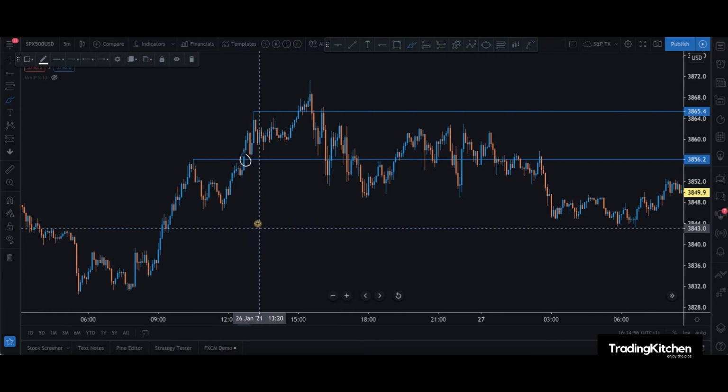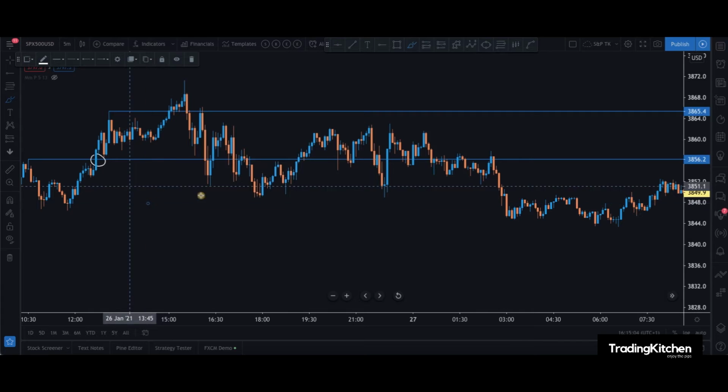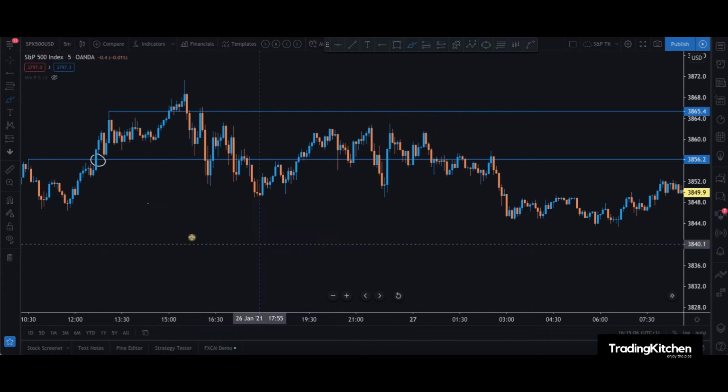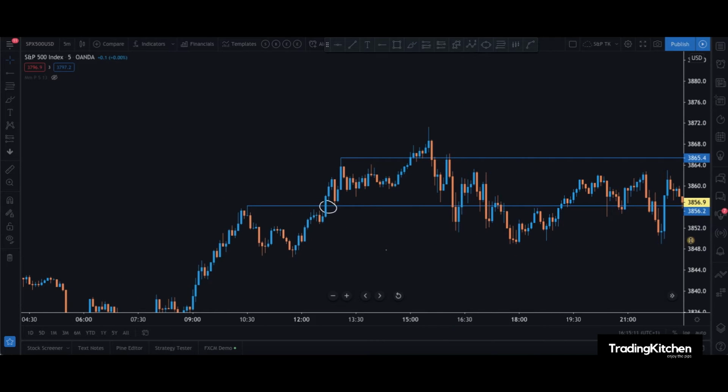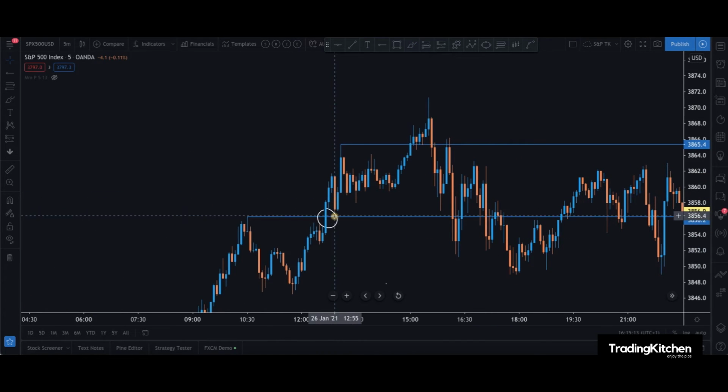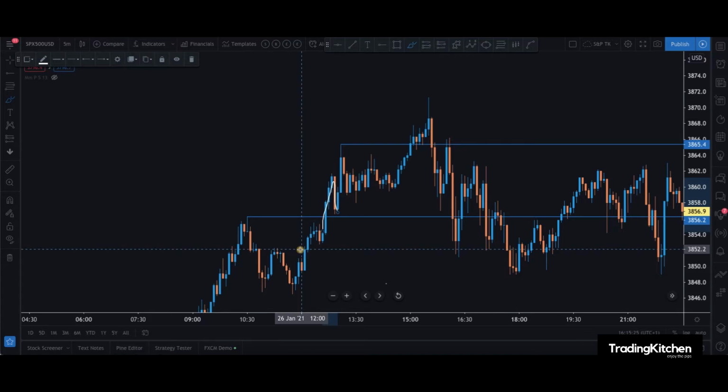Could be good, but I usually, as I told you, wait for the retest. So I usually wait for the price to break, turn back on the previous resistance that now became support, and then here I go buy.